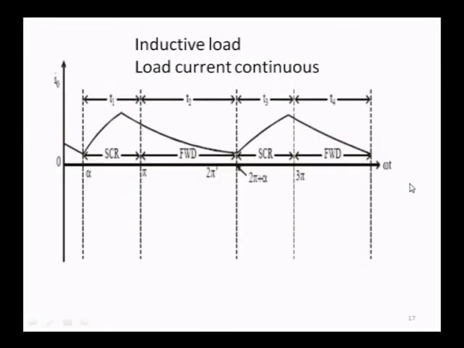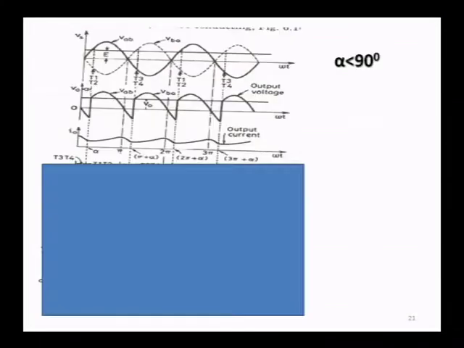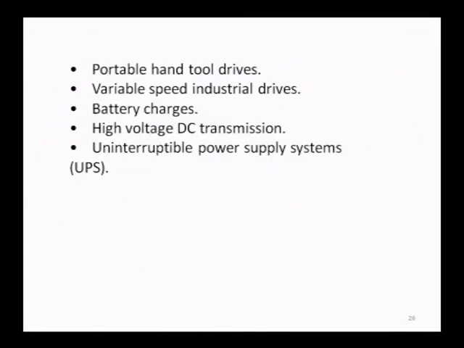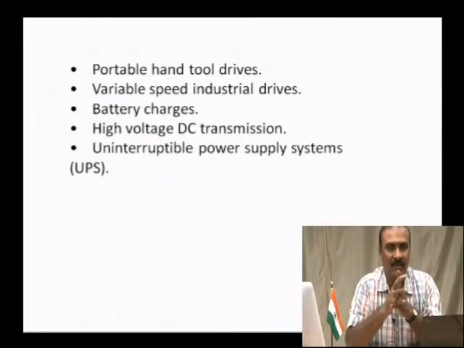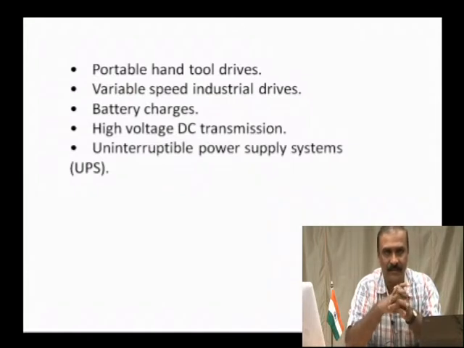This is very important. When you reverse the motor, you have the armature as well as the field, so you can use both techniques for controlling the speed or bringing it back.